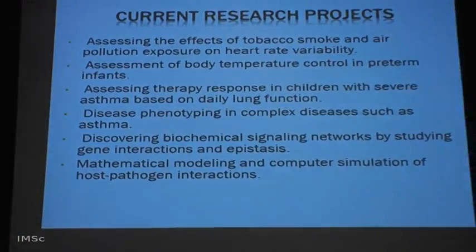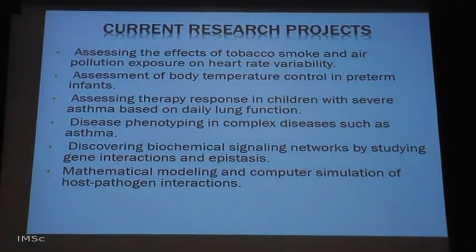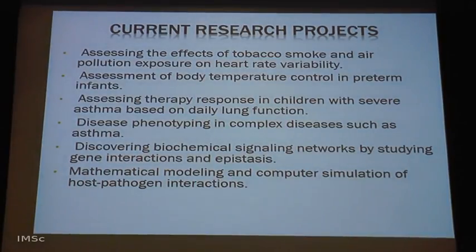There is also another project that I started during my postdoc, but I've been wanting to keep working on that, and I will tell you a lot more about that during the conference in a couple of days. And that is discovering biochemical signaling networks by studying gene interactions and epistasis.